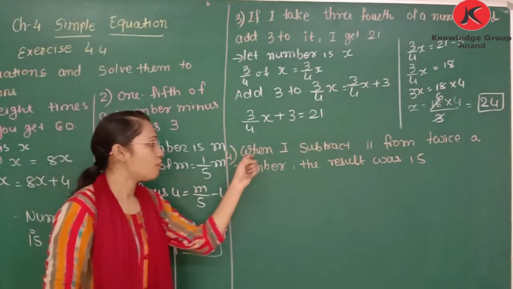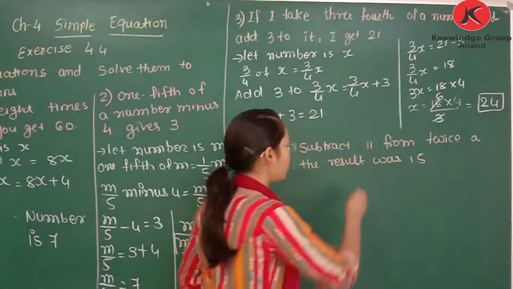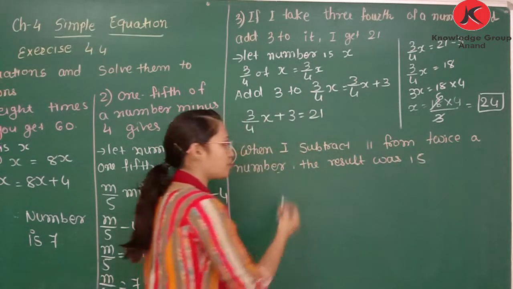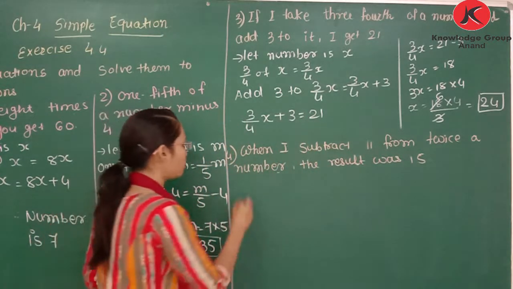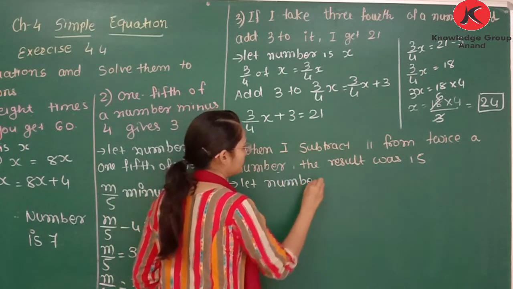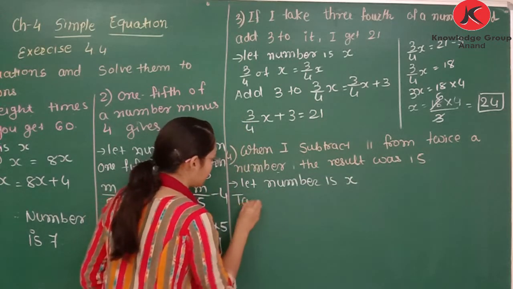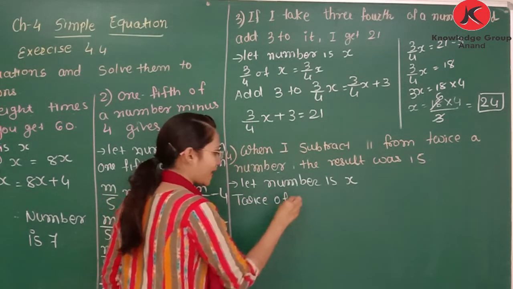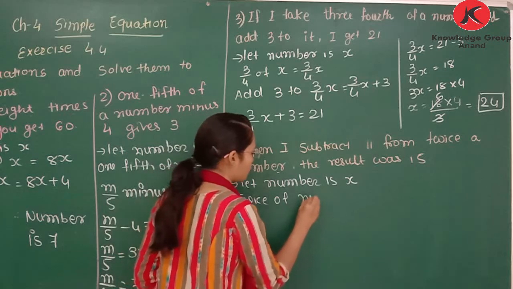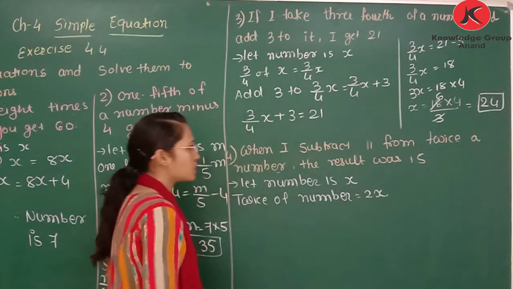Now next, when I subtract 11 from twice a number, what number we don't know, so let number is x. Twice the number, twice means 2 times. Twice of number, that is 2x.